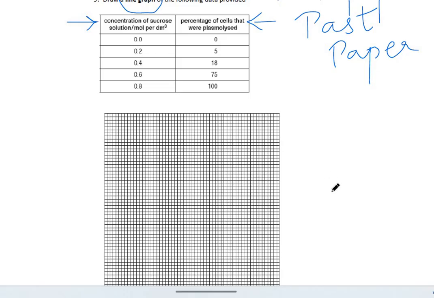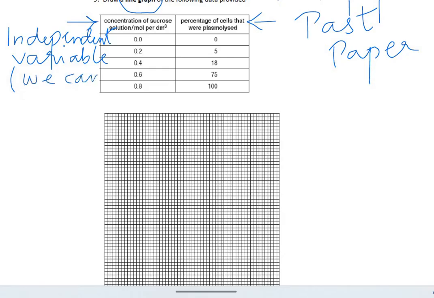The rule says that we will always take the independent variable, the factor we can change, on the x-axis.